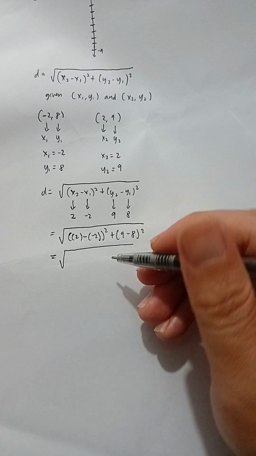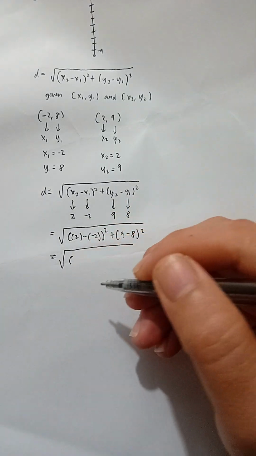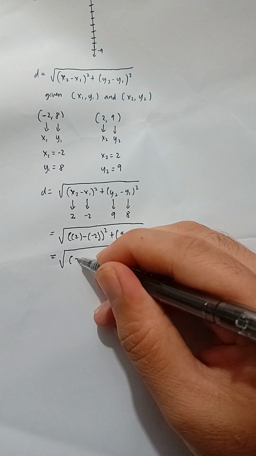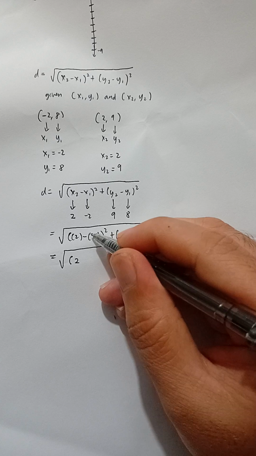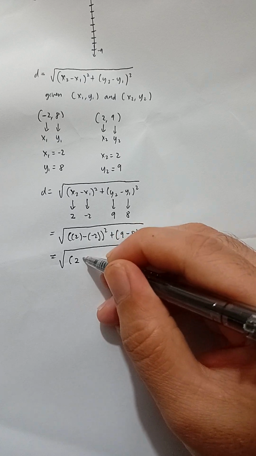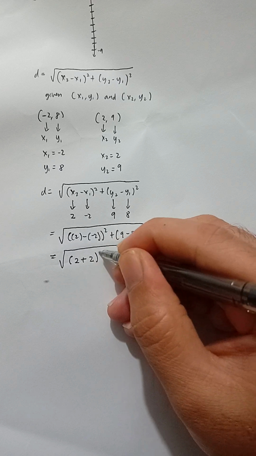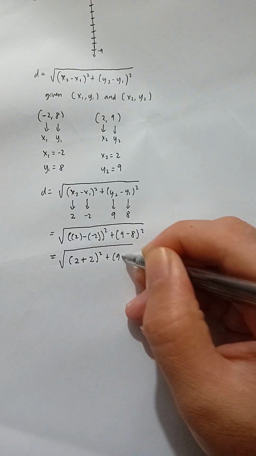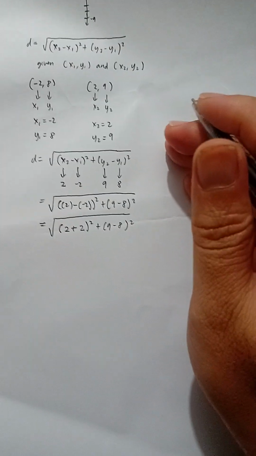Right, so let's evaluate this first binomial. So we have 2, and as long as you see this sign, two slit eyes with a nose in between, that means plus, 2, squared, plus (9 minus 8) squared.